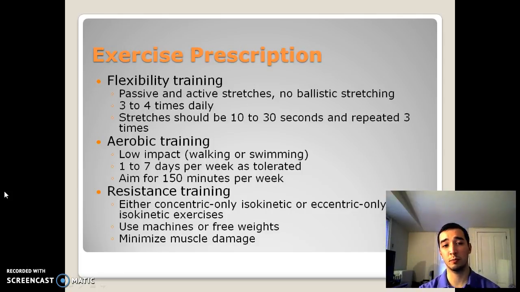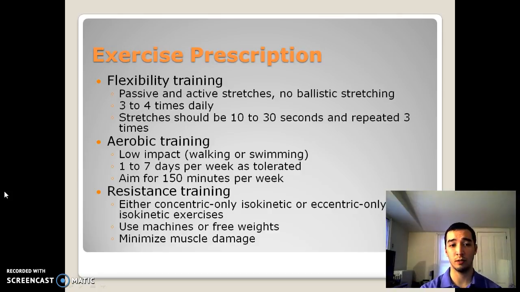So for an exercise prescription, I would definitely recommend him doing some flexibility training. Passive and active stretches are recommended, but no ballistic stretching. He should be stretching 3 to 4 times daily, and stretches should be 10 to 30 seconds and repeated 3 times for each area.